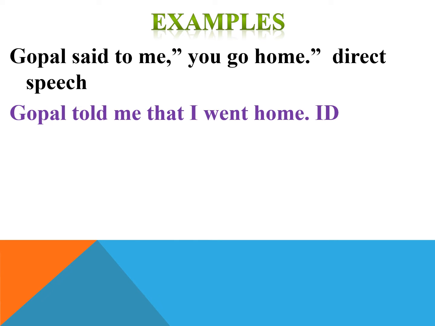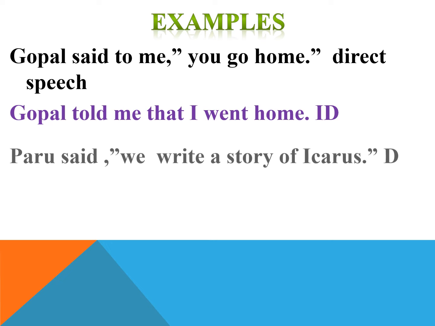Said to changes into told me, and we remove the comma and inverted commas with "that", and the second person changes to me, so "go" changes into the past form of the verb, went home.